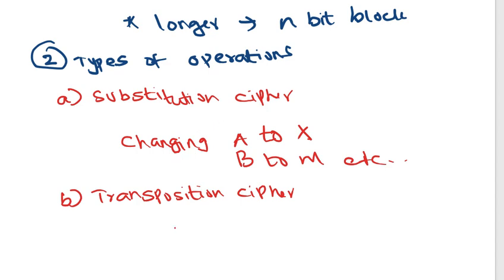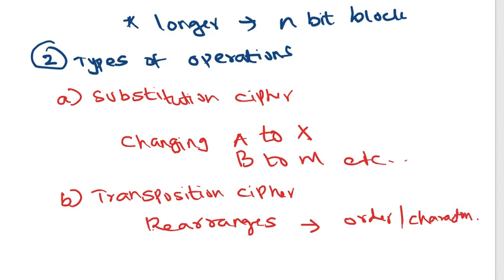And the transposition cipher rearranges or shuffles the order of characters or bits. It does not change the actual values, only their positions are changed.